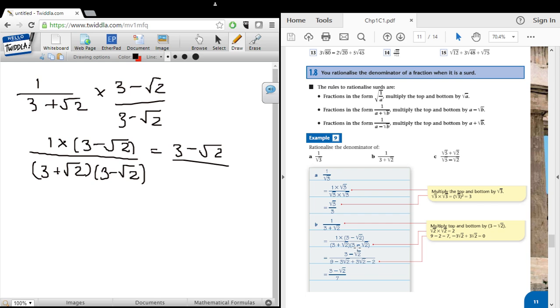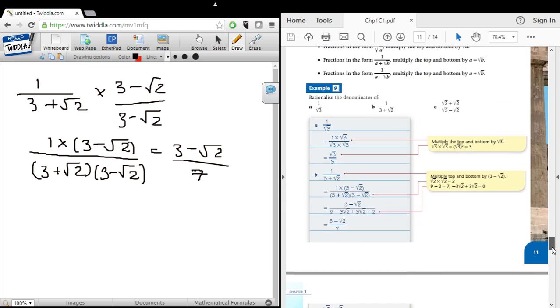Again, the negative comes from the negative being multiplied by the positive, and the square root of 2 multiplied by the square root of 2 will give us 2. So then we simplify, again using all the ideas we've used in the past, which will give us 7 as the denominator, and of course, as we originally discovered before, it will give us the 3 minus the square root of 2 on top. So that was a very brief overview of how to resolve the surds.